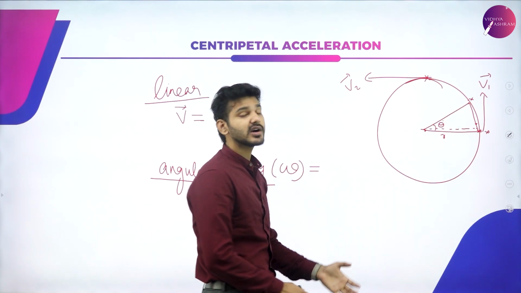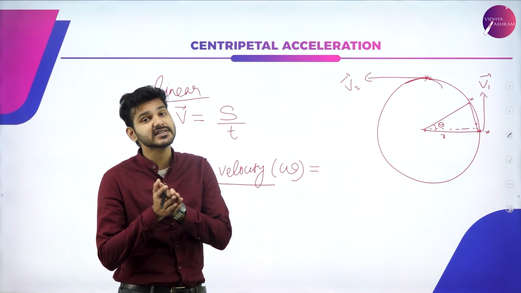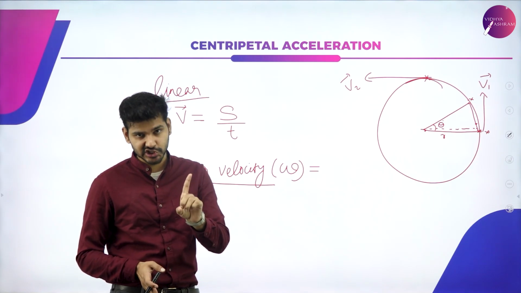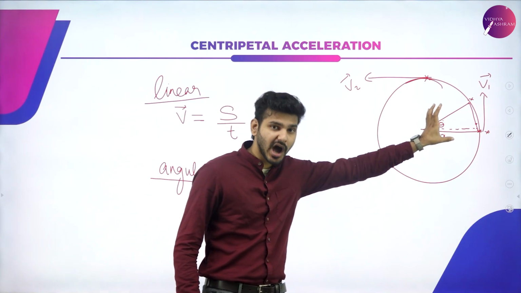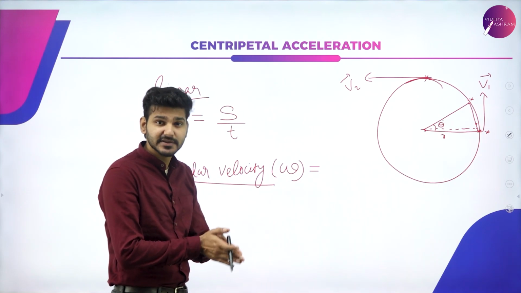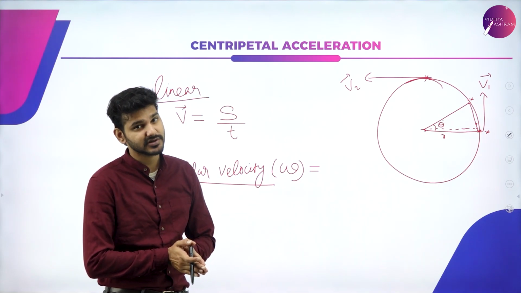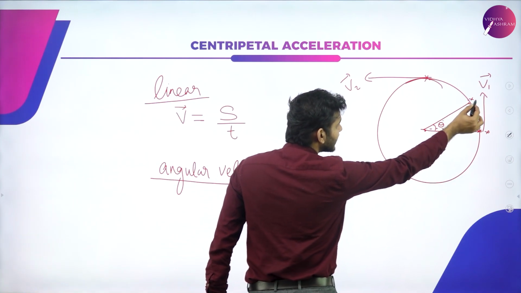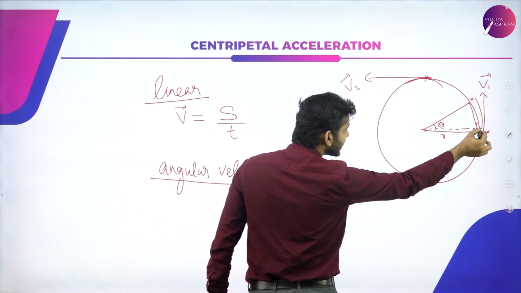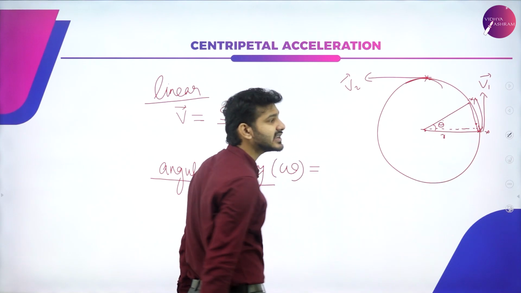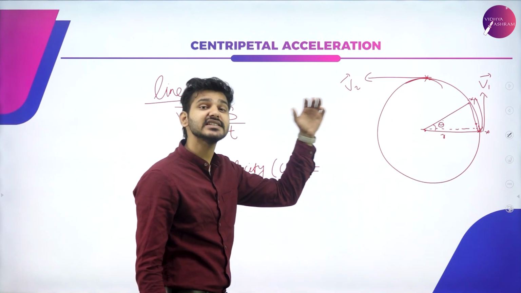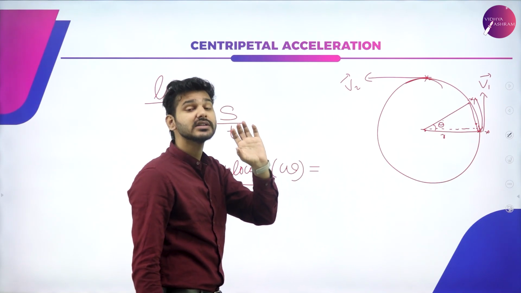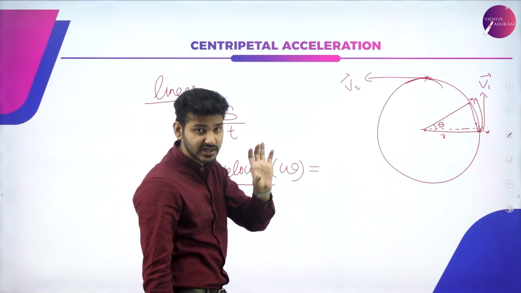We do know the formula to find the arc length. We learned it in the first chapter. So we can simply say that this distance covered, that is the arc length, will be equal to the displacement of the car.